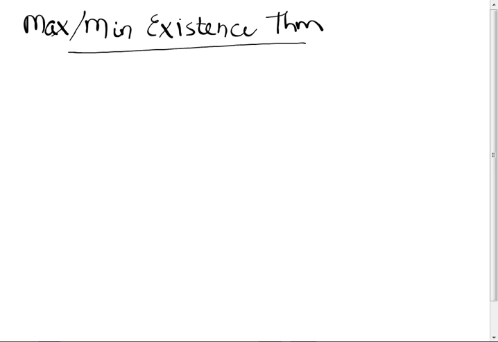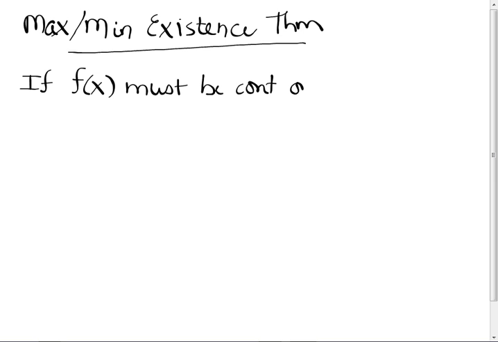What do you have to have for the max-min existence theorem? What has to be true about the function? Must be continuous on a closed interval. So we'll call it AB.